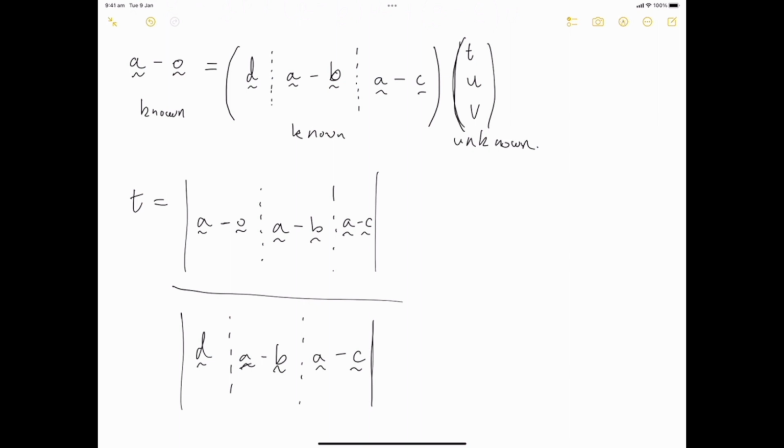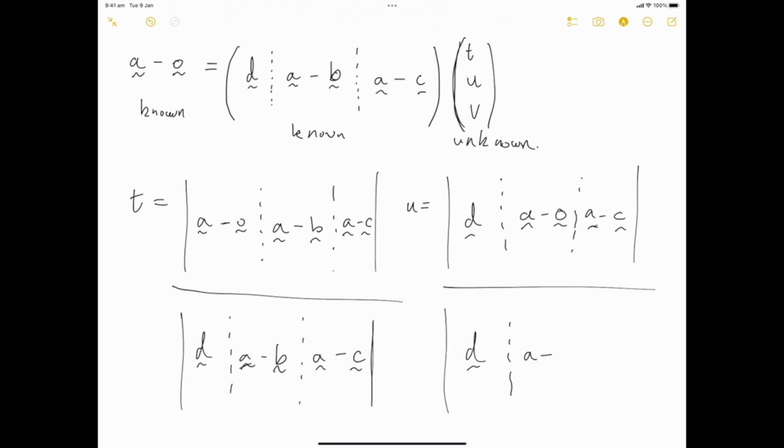As another example, if I wanted to solve for u, I'll do the same thing. u is the second unknown, so the system matrix stays the same, except in the second column where we put in the right-hand side of the equation. And the denominator is just the original system matrix. And so on. Hopefully that makes sense.